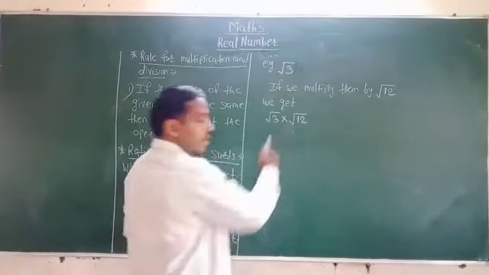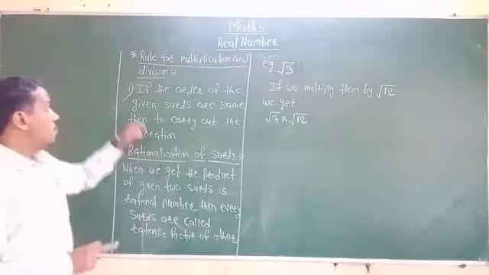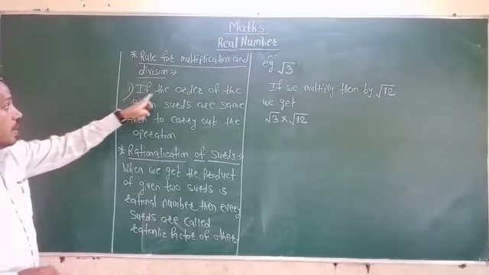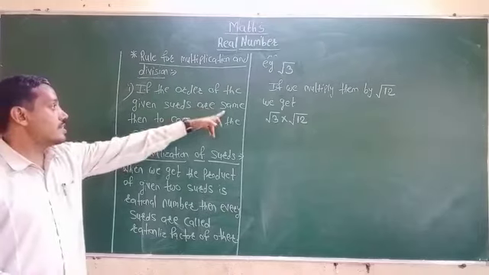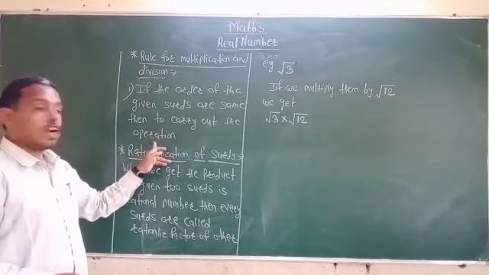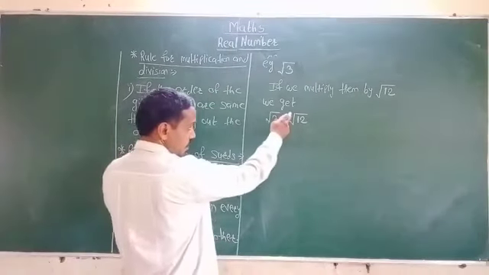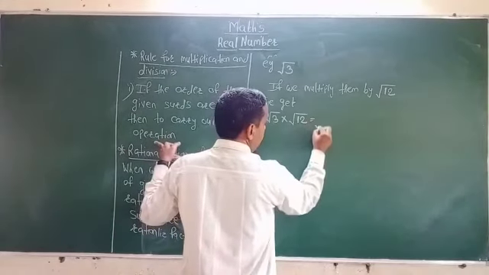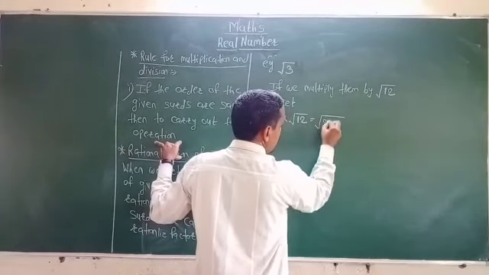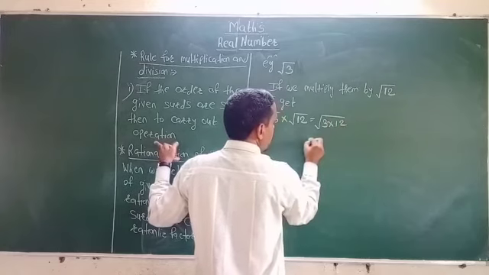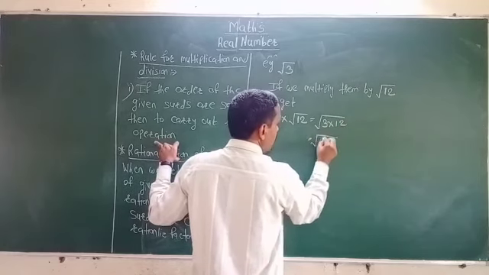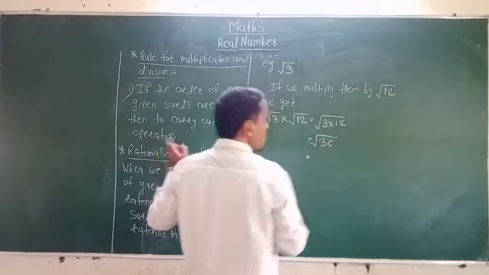Both show the equal order. If the order of the given surds is the same, then we can directly carry out the operation. 3 into 12, so 12 threes are 36.